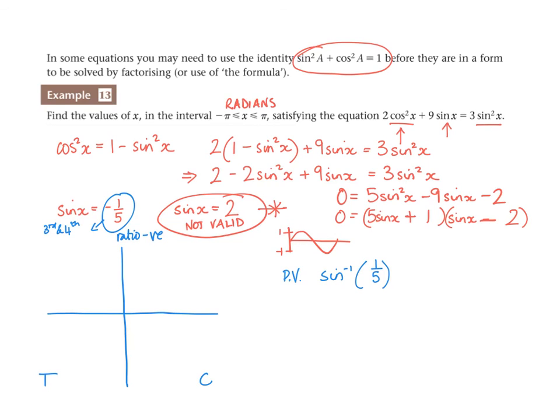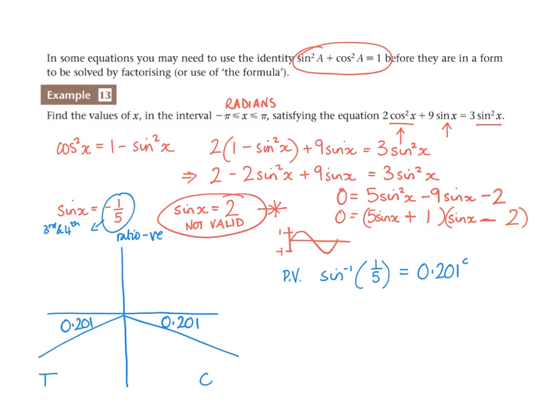And now remember you're in radians, that works out to be 0.201 radians. So if it's in the third quadrant, we've got 0.201 here, and if it's in the fourth, it's 0.201 there.